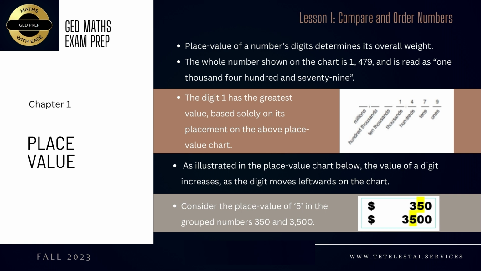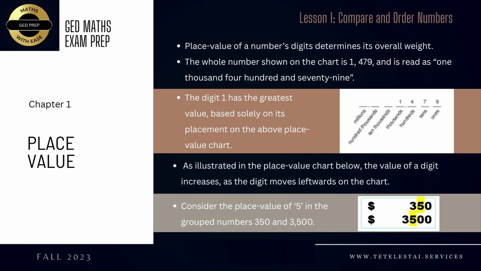So let's say you have $350. The position of the 5 here means that you have 5 in the tens position, or you can think of that as having 5 $10 bills, just to make it easier.